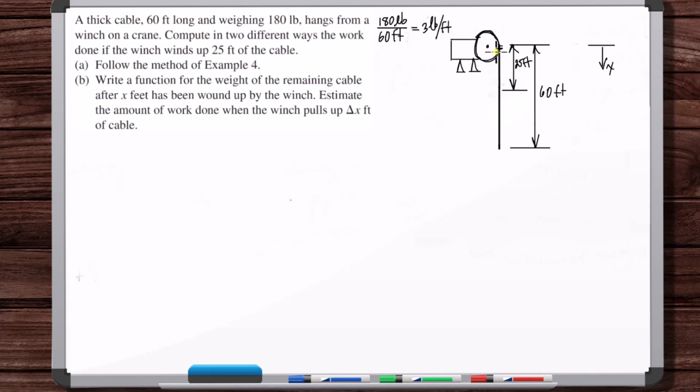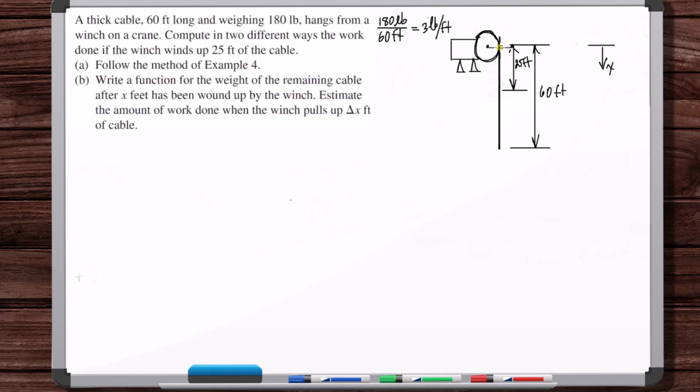So the winch pulls in that tiny distance, times the remaining length of the cable times 3. Then the next piece comes and it pulls in that tiny distance, delta x or dx, times whatever length of cable is remaining. And you would add all those up until you get to 25 feet, and that would be the work done.